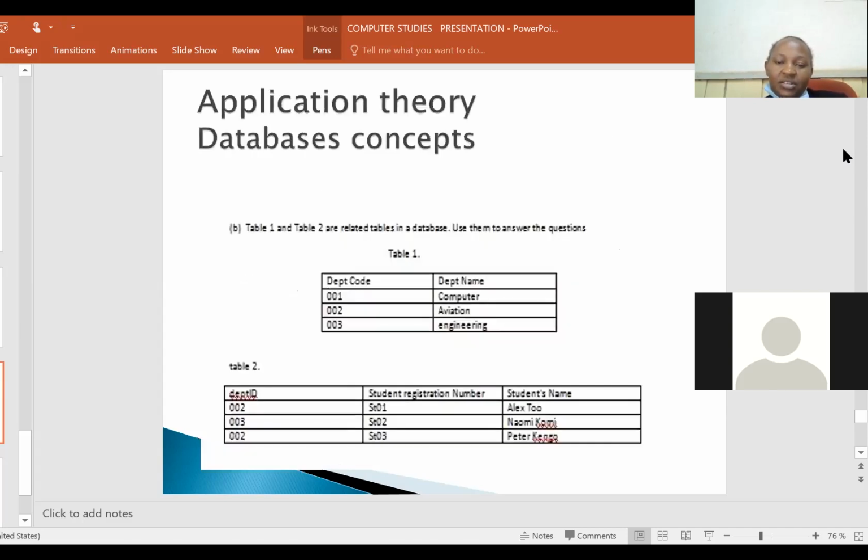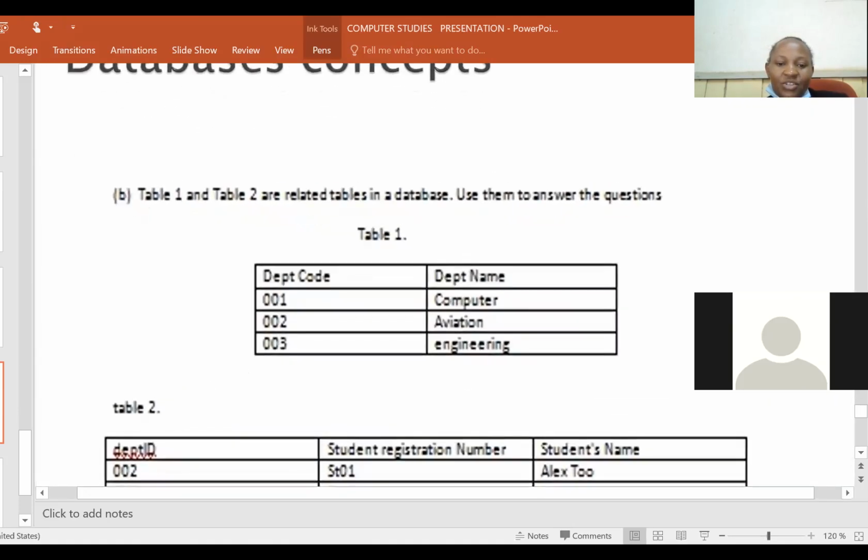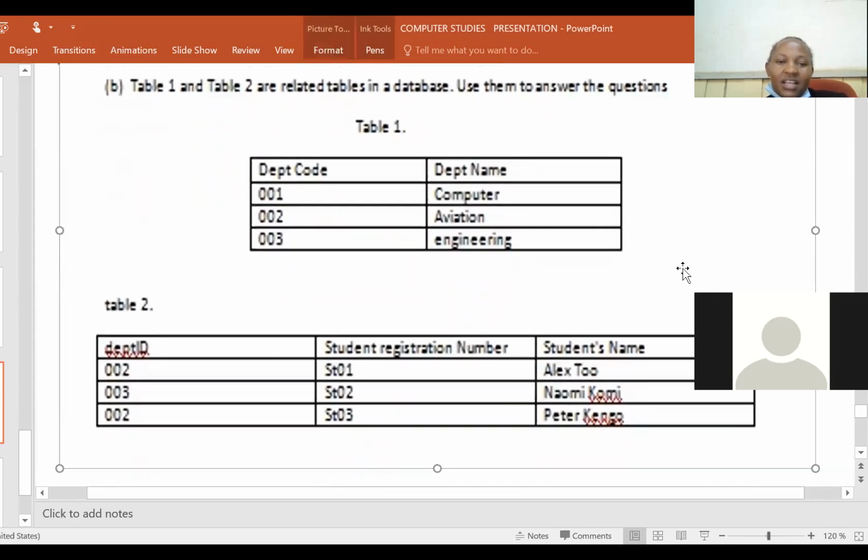Then on the application theory of database concepts, for example, you are given two tables, table 1 and table 2, and you are told they are related tables in a database. Then use them to answer the questions that follow. Table 1 has the department code and the department name.